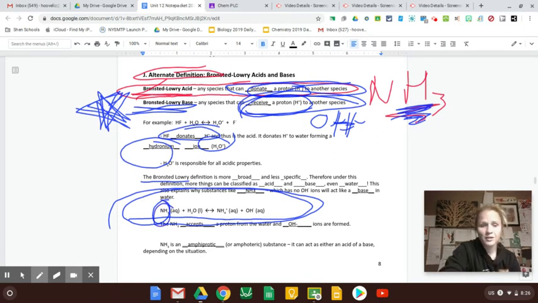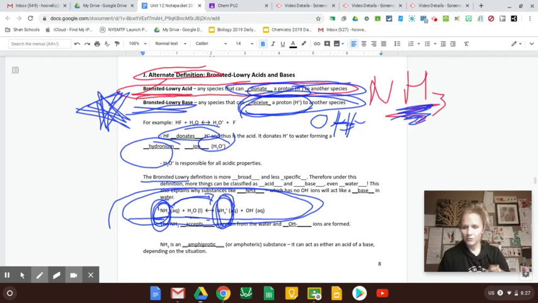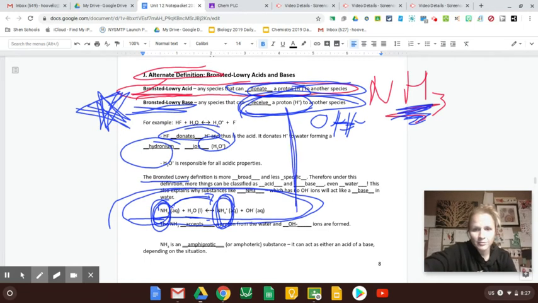So let me look at what NH3 does. NH3 got together with water, and then after, it became NH4. So if NH3 became NH4, what did it do? It received an H. It went from NH3 to NH4, so it gained an H. It is a base.